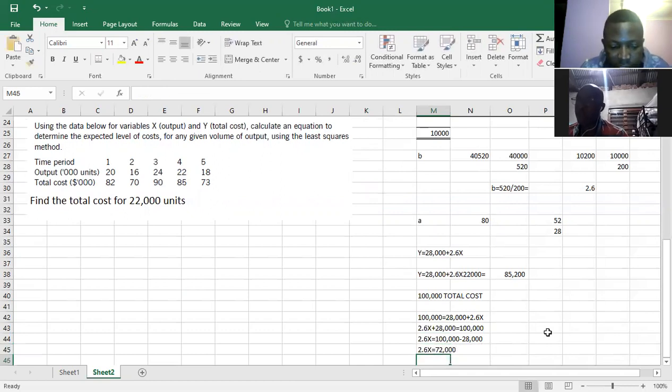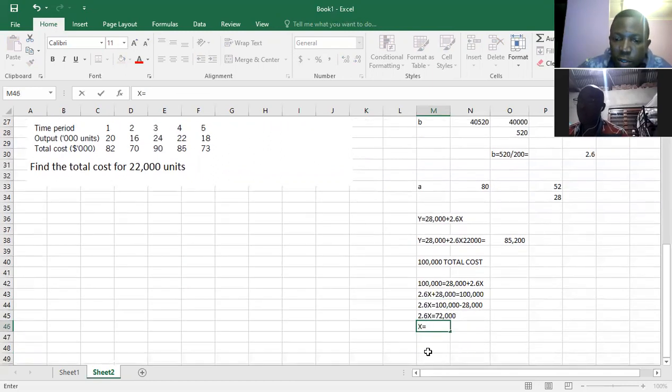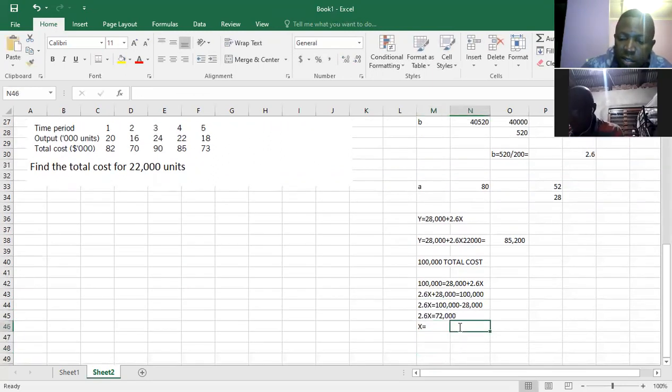To get x, divide both sides by 2.6. So we are supposed to produce 27,692.31 units if our total cost is going to be 100,000.